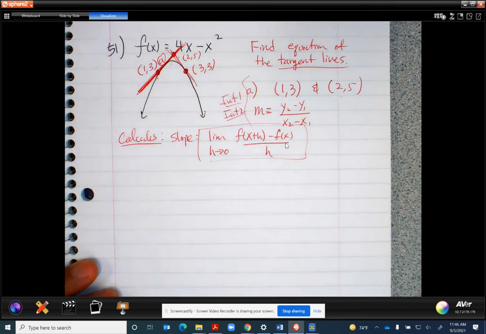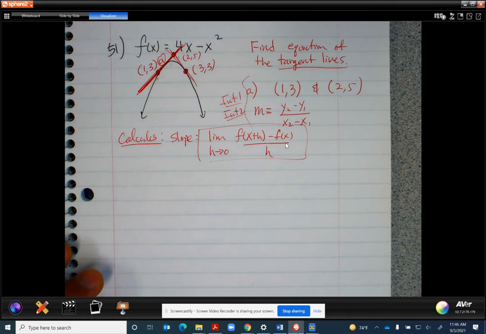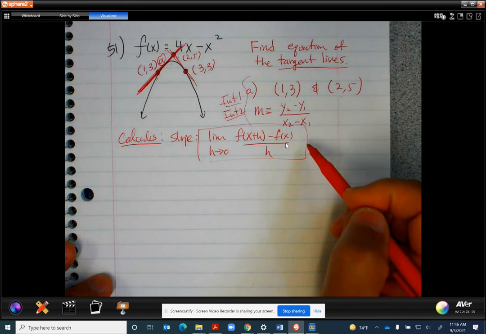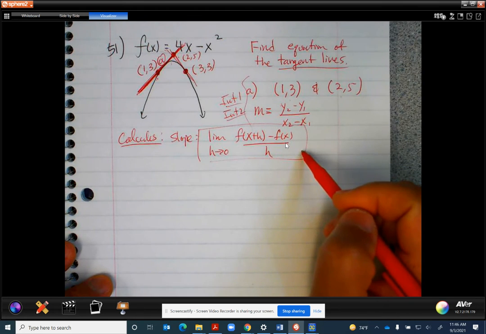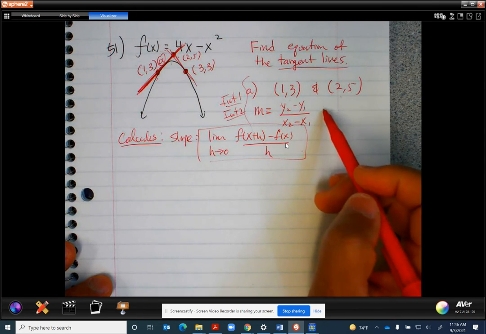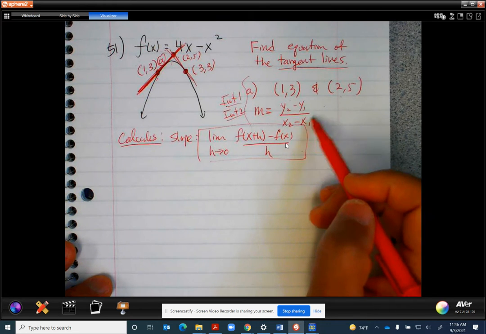This is the formula we need to use. Which one is easier? Do you know which one is easier to use to find the slope? Calculus method or the Integrated 1 or 2 method? Integrated 1 or 2 method.